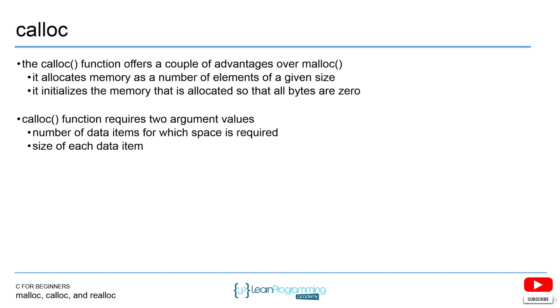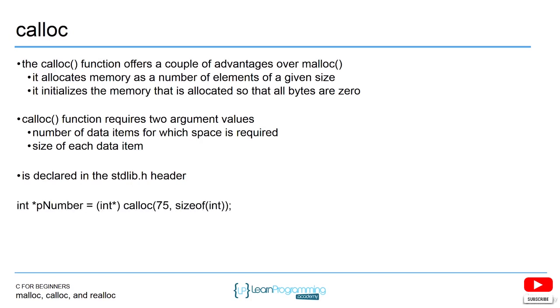It takes two arguments, it has two parameters: the number of data items for which space is required, and the size of each data item. It's declared in the stdlib header. You call it just like you call malloc. Looks pretty much the same way. In this example, we're creating an integer pointer, and we're allocating 75 integers of size of int.